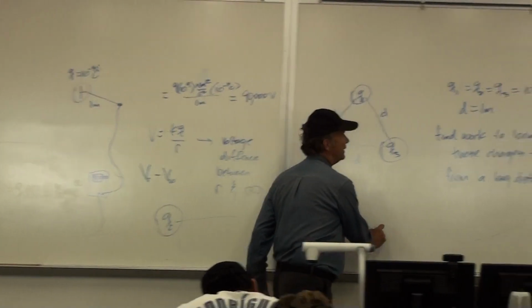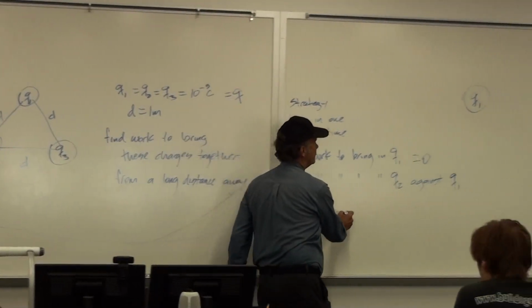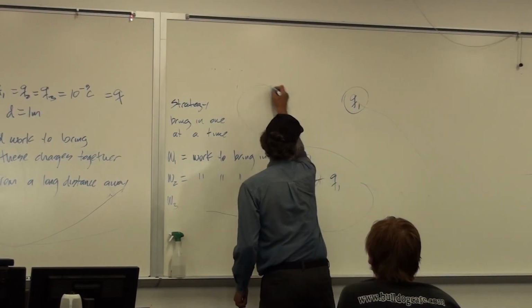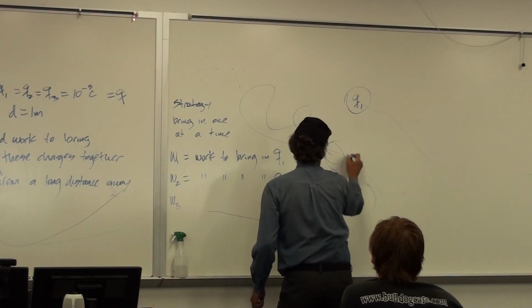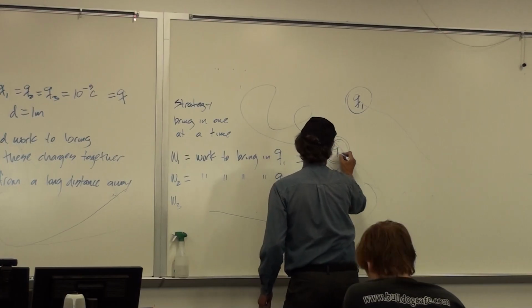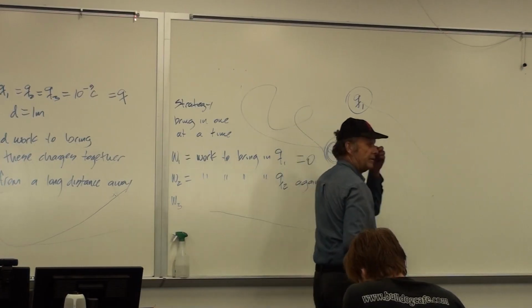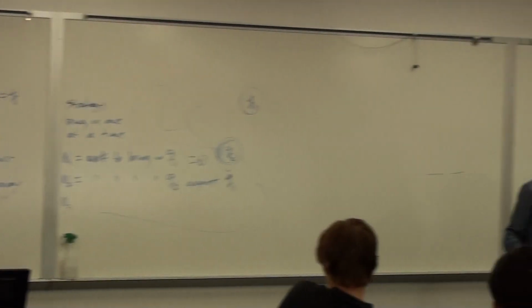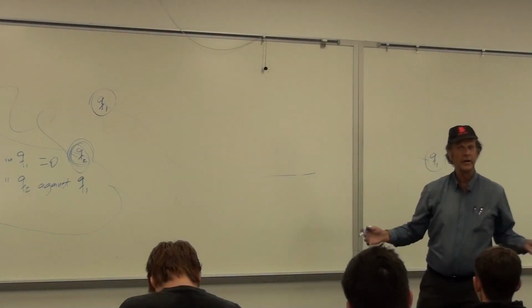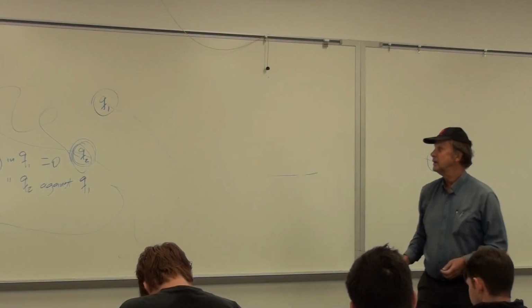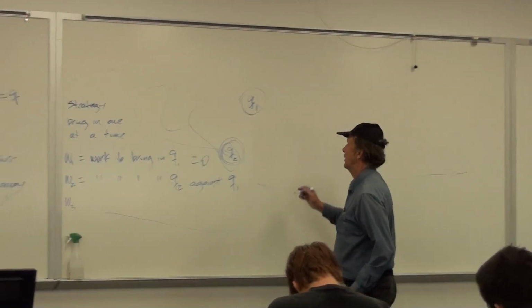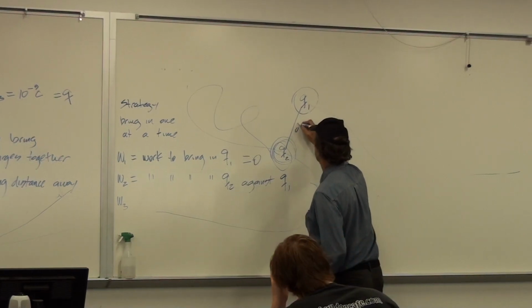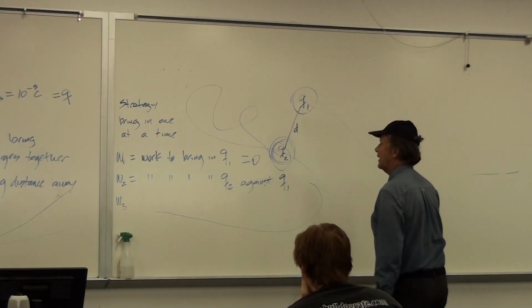So now I'm going to bring it in. Doesn't matter what path. And then we end up here. This is what we call a conservative force if it's path independent. The only way that it can be path independent, though, is if there's no friction or anything else acting. But that's the case in this problem. We're assuming none of those things are happening. So we're bringing it into this distance d away.